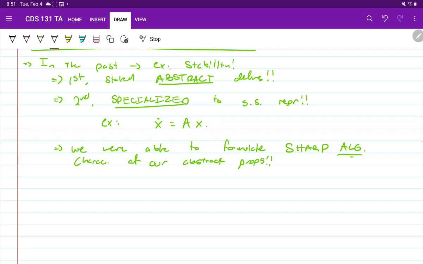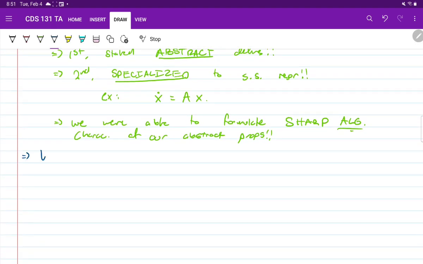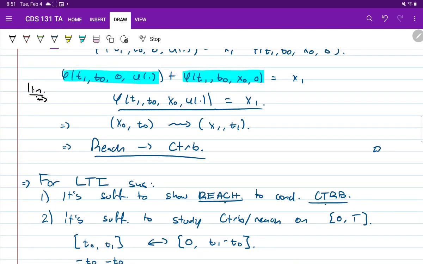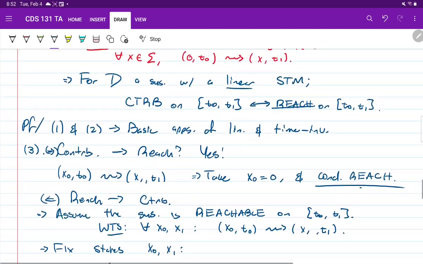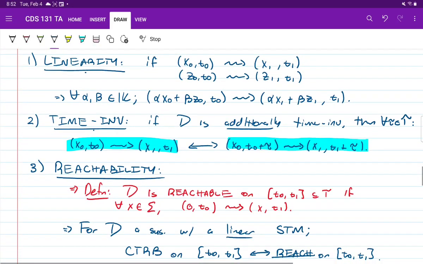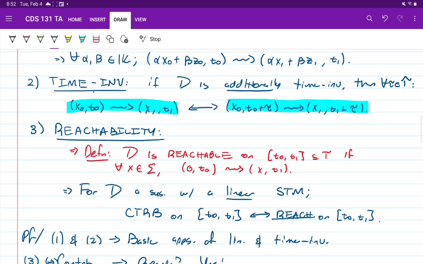Okay, so now we want to do the same thing for controllability. Above, we've already done a little bit of work. We've outlined this nice basic theorem that tells us if we have a very abstract LTI system, then we'll get these nice controllability and reachability properties, right? But these still aren't very algebraic properties. These are still expressed in terms of these abstract state transition maps.